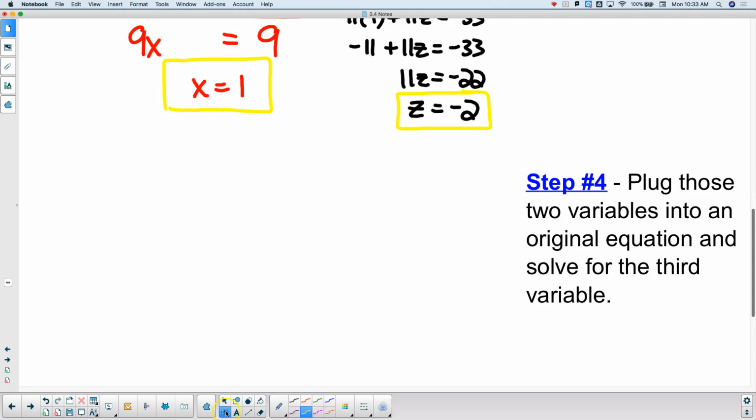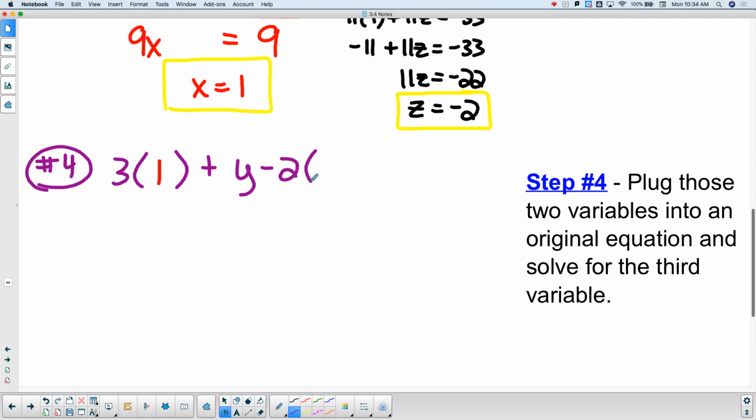So step number 4 here, equation number 1 again was 3 times x, and x is 1, plus y, minus 2z, and z was negative 2, and that's got to equal 10.